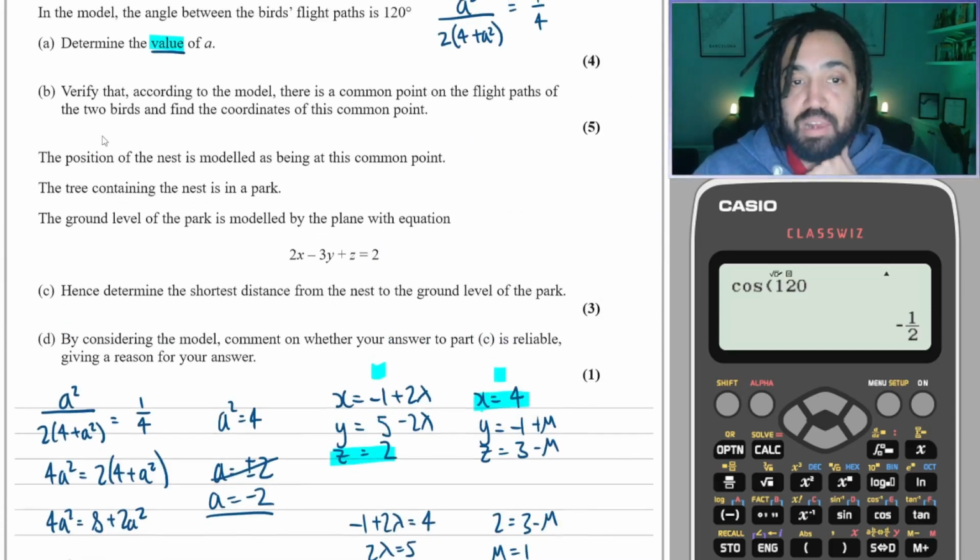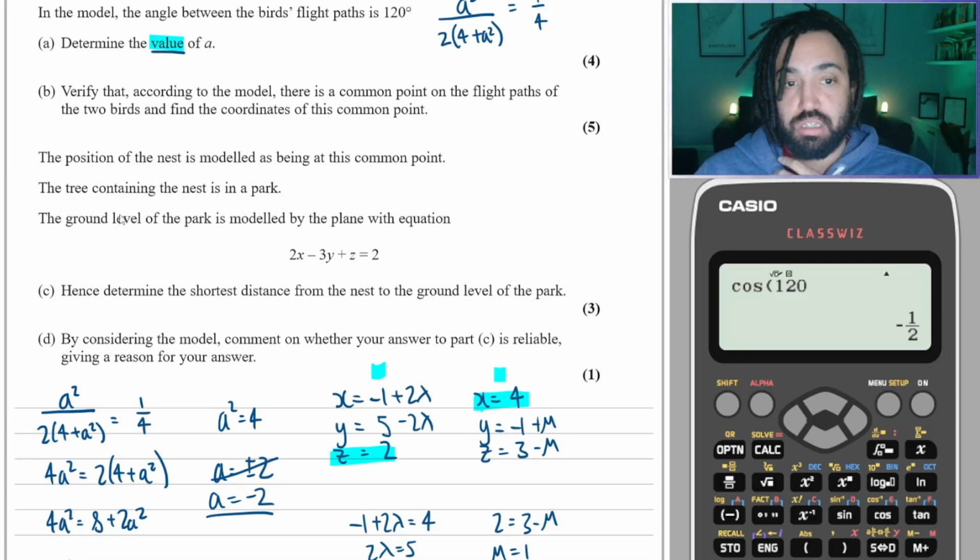Perfect. Okay, the position of the nest is modelled as being a common point. The tree containing the nest is in a park. How lovely. The ground level of the park is modelled by the plane given as this. Determine the shortest distance from the nest to the ground level of the park.